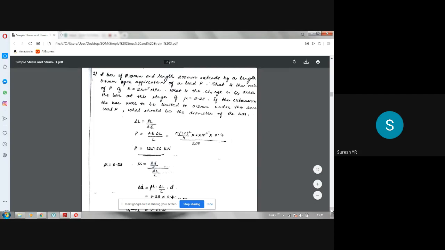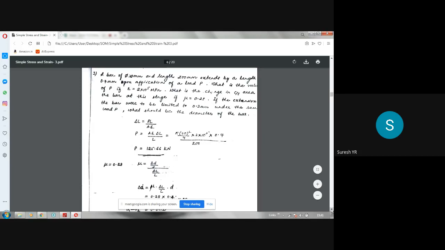See, understand this problem. These types of problems are important. Don't expect direct substitution problems. So here there are three stages in the problem. In the first stage, we have to find out the unknown tensile force P. In the second stage, we have to find out the change in the cross-sectional area of the bar. In the third stage, if the extension is restricted, what is the corresponding diameter of the bar?